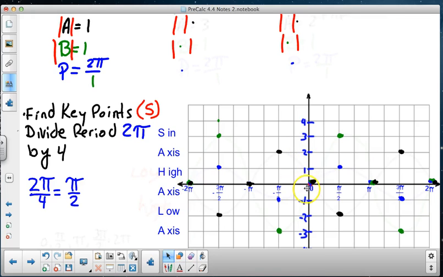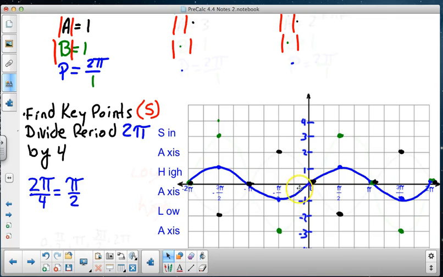So for graphing sine, I start at the axis, and I go to my first critical point, and I go high, okay, that's the blue, so we're graphing our blue, and I go back to the axis, on the way to going low, and back to axis. Now if I keep looking at that, it continues itself forward and backward, okay, so sine starts at the axis, goes high, back to the axis, goes low, back to the axis.